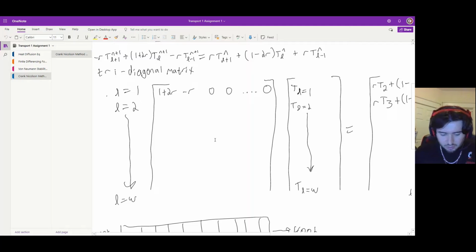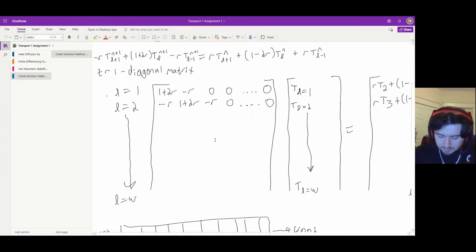For L equals 2, we do have a block to the left of L equals 2. So we're going to have a negative R, a 1 plus 2R, and then another negative R, and then we'll have our zeros. And we're just going to do L equals 3 as well.